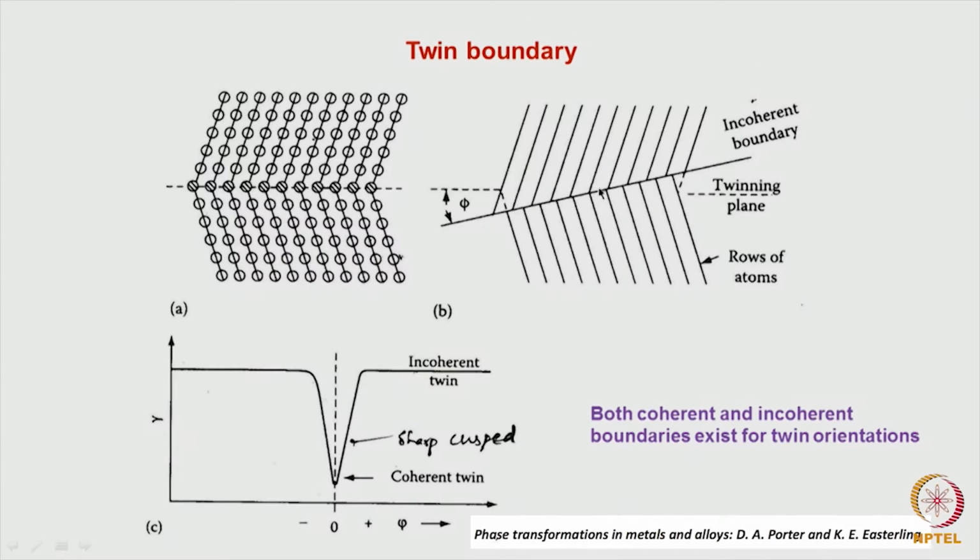That is what is being shown here also: the boundary energy, if we plot it as a function of misorientation, on either side with a small misorientation the energy goes up, and here there is a sharp decrease.